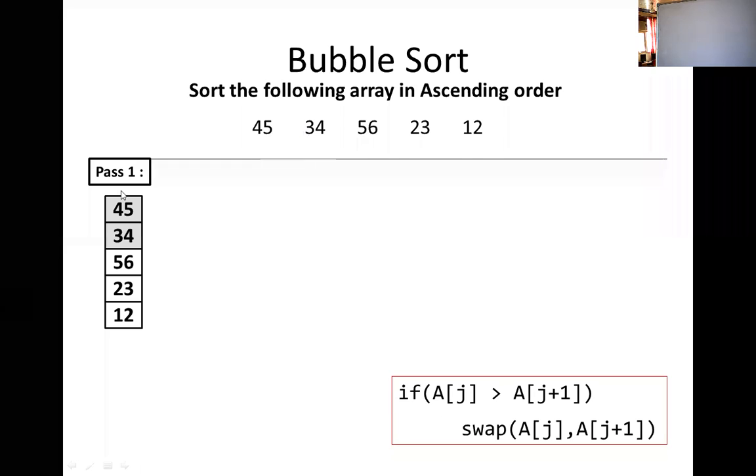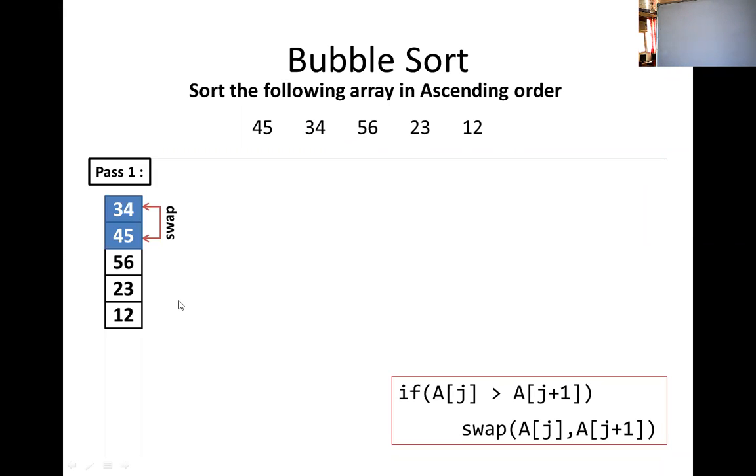So it is written: if A[j] is greater than A[j+1]. This is your A[j]. The j index starts from location 1 and A[j+1] is index number 2. Fine. So we have to compare 45 with 34 and we are going to swap A[j] and A[j+1]. Now see how this is done. Swap.